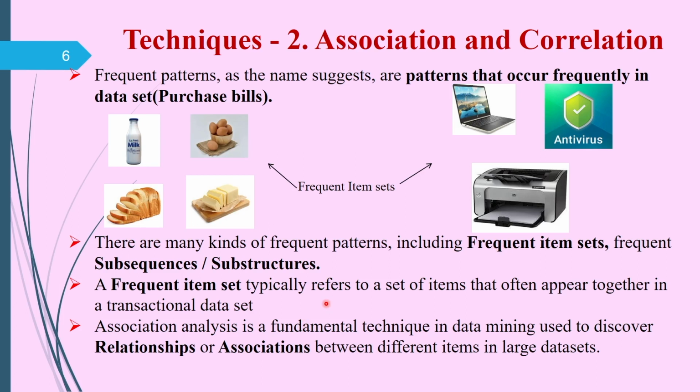Association analysis is a fundamental technique in data mining used to discover relationships between items, and the correlation of buying two items, such as coffee with sugar or coffee with milk. All these items have a relationship and are correlated with each other in large data sets.